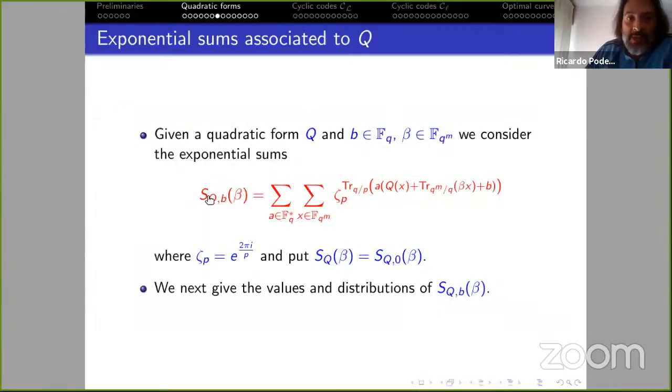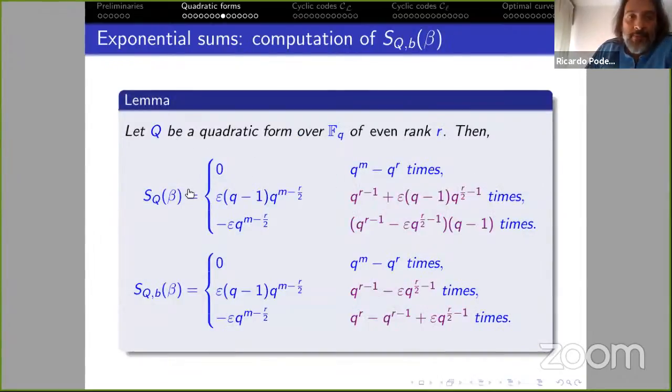Consider this exponential sum now. Okay, this is the quantity, the function that we are interested in, and we consider this exponential sum. So we now compute the distribution of these sums. Okay. Look, the possible values for beta 0 and not 0 are the same, but they differ in the distribution, how many times they are attained. Okay.